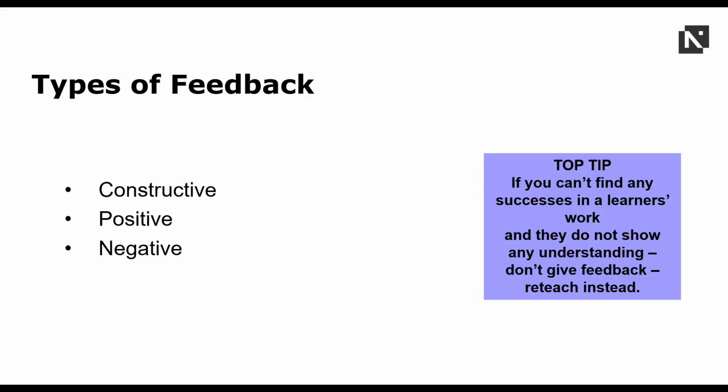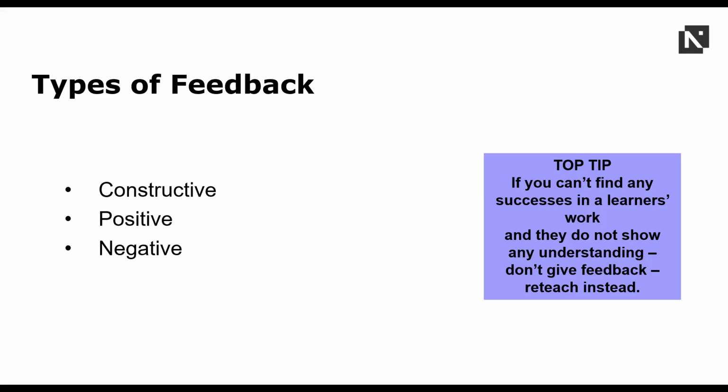So next, some feedback strategies. So you've got types of feedback. So you've got constructive feedback. So constructive feedback is based around what the learners can improve, and this is the most useful type of feedback. You've also got positive feedback, so that's what the learner has done well.